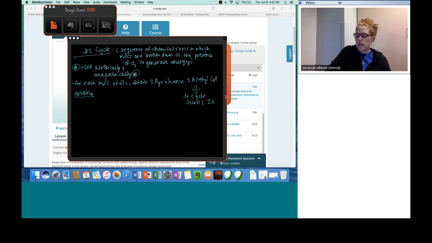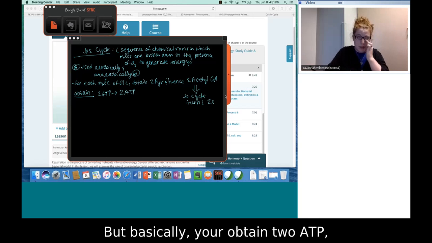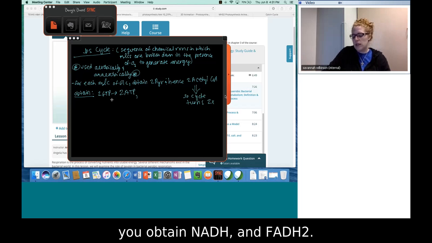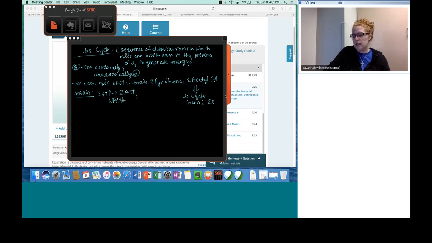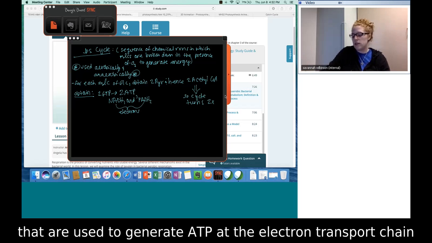So you obtain, I won't go into detail about the GTP, but basically you obtain 2 ATP, you obtain NADH and FADH2. So the NADH and FADH2 carry electrons that are used to generate ATP at the electron transport chain, at the membrane.